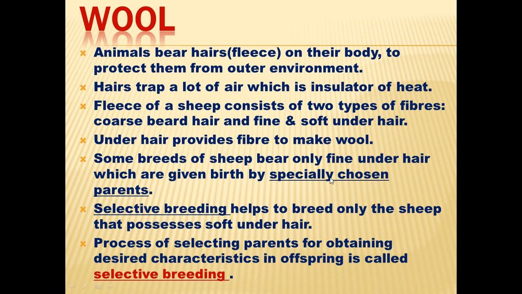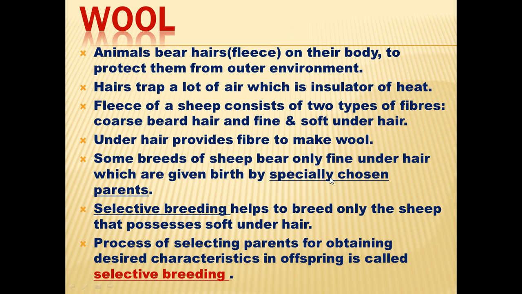How is it done? There are certain people who often keep eye on the traits and characteristics of certain animals, and then they analyze their genetic studies, and then they try to choose only such kind of parents of the sheep which can breed with another sheep, and then they give a desired characteristic coming into the offsprings.